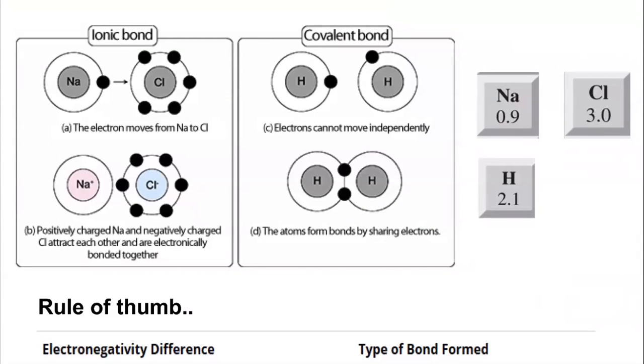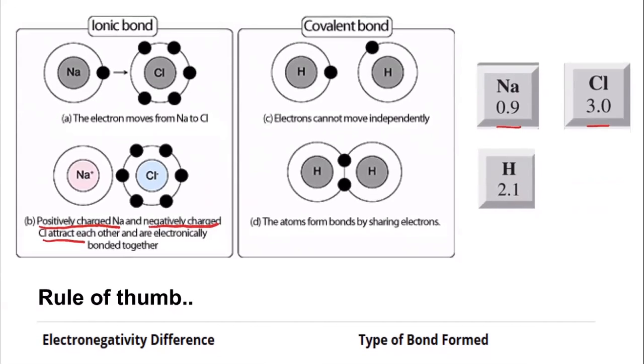If you write out these 2 elements, you can find the electronegativity. One is 0.9, one is 3, right? So what's going to happen is that the sodium gives out this electron to the chlorine. Then we get the positively charged sodium and the negatively charged chloride, because the sodium lost an electron, so it becomes positively charged.